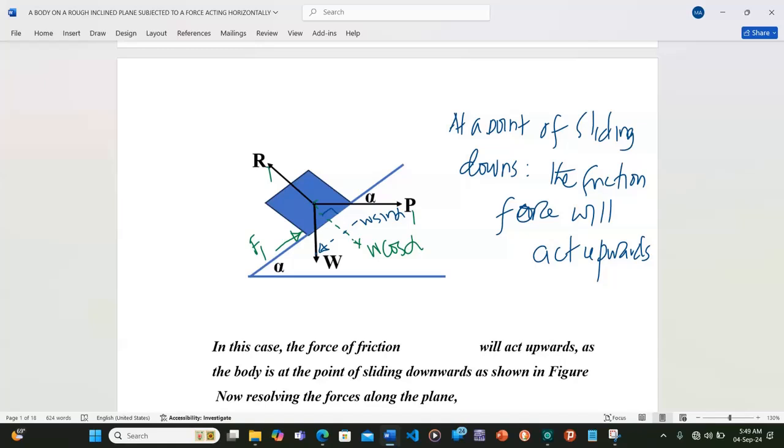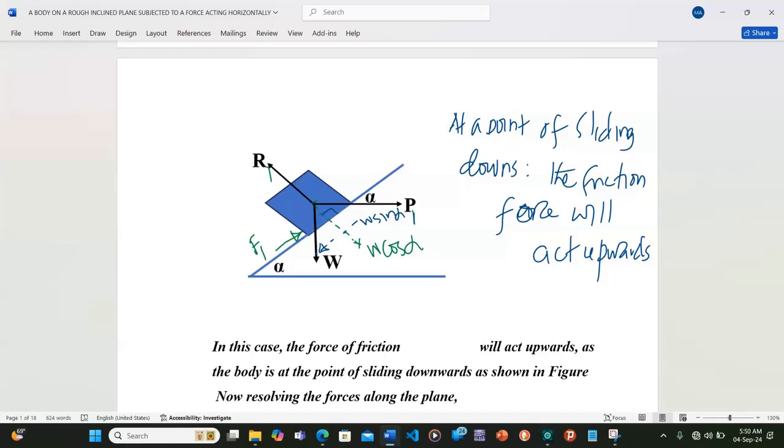Then the force applied, we are calling it P1, is going to be horizontal, and it's at an angle of alpha, because when you look at this angle here, it is alternating with this other one, the angle which the plane makes with the horizontal.